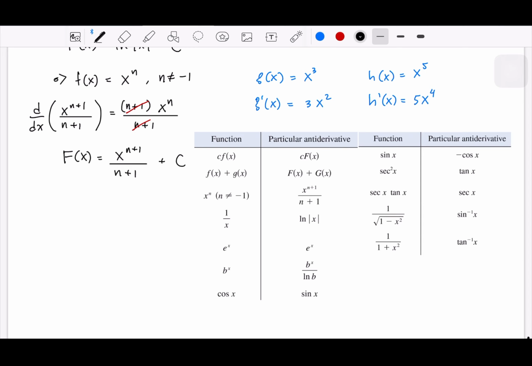If we change x into 2x, 3x, or any form for this inside function, you could still have this as your derivative, right? So forward and backward: you could derive and then take the antiderivative. These are all the essential functions and their antiderivatives.